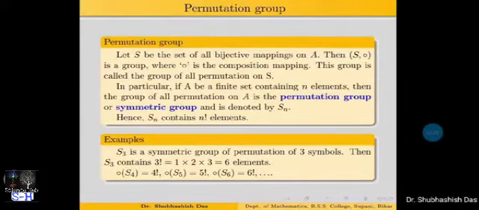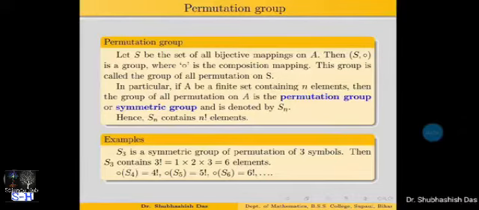What is permutation group? Consider a non-empty set A. Let S be the set of all bijective mappings on A. Then S forms a group under composition of mappings.